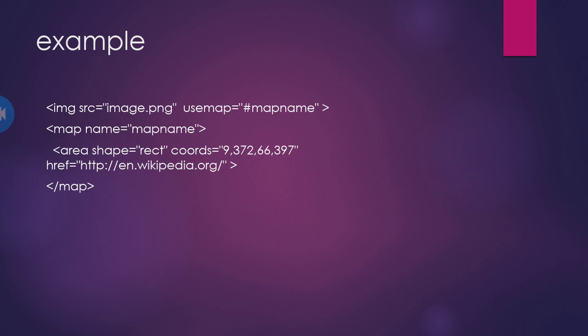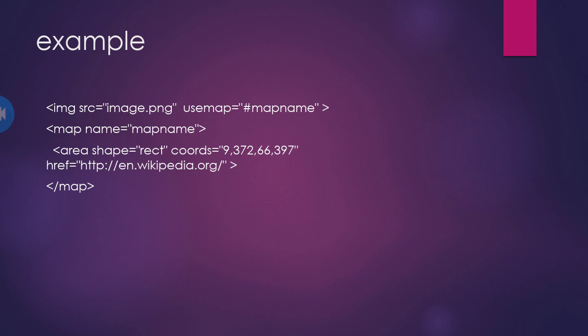In the image source you give the source of the image, meaning the image on which you want to apply image mapping. For this you use src equals, in double quotes write the name of the image dot extension of the image, double quotes close. So it is just to select the image on which you want to apply image mapping.